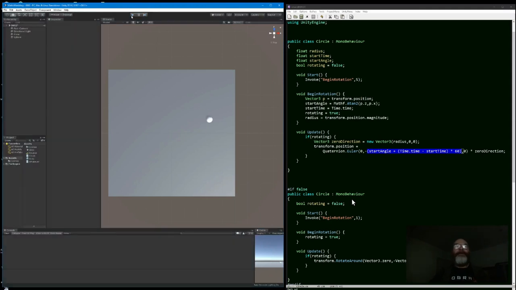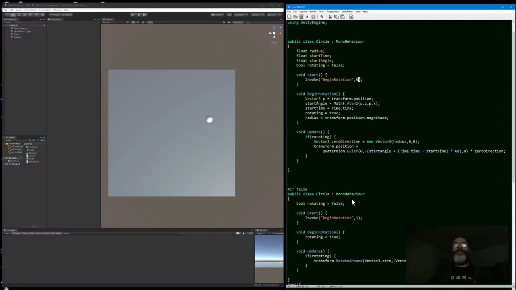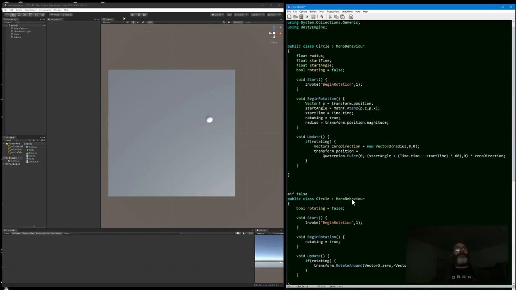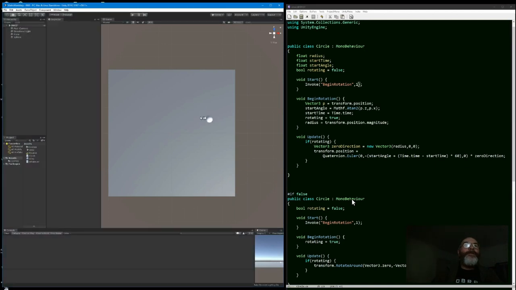Oh, it almost worked. It's because I changed it to 5 seconds, which just feels like an eternity. Okay, that doesn't seem quite right. Almost working.